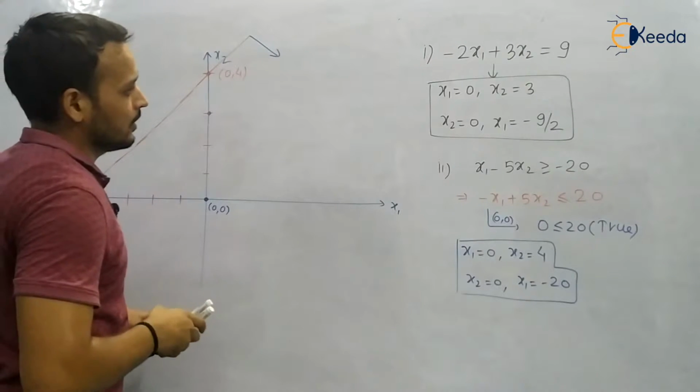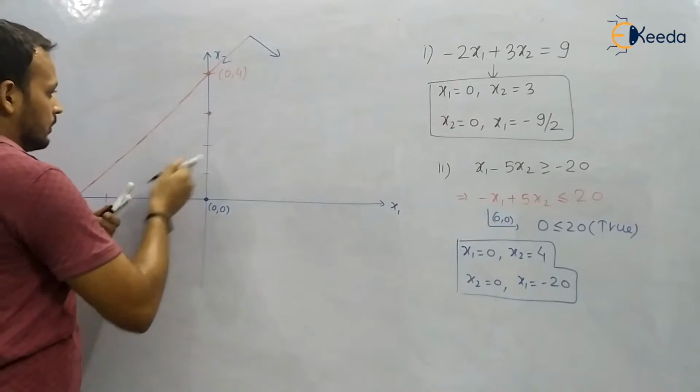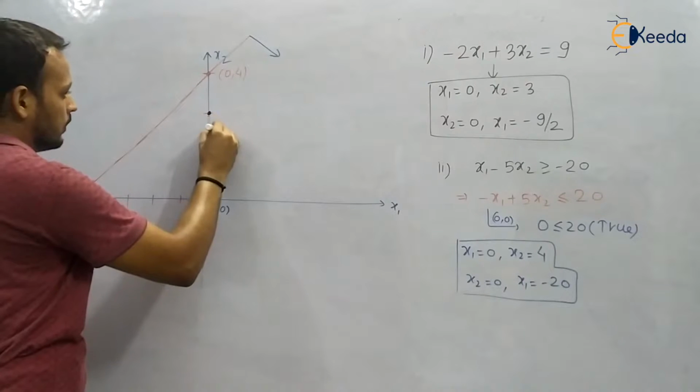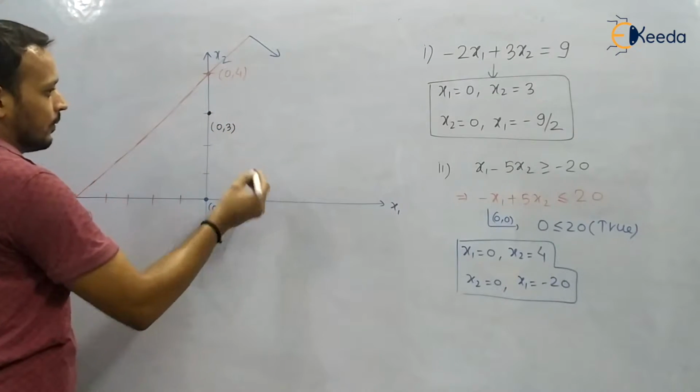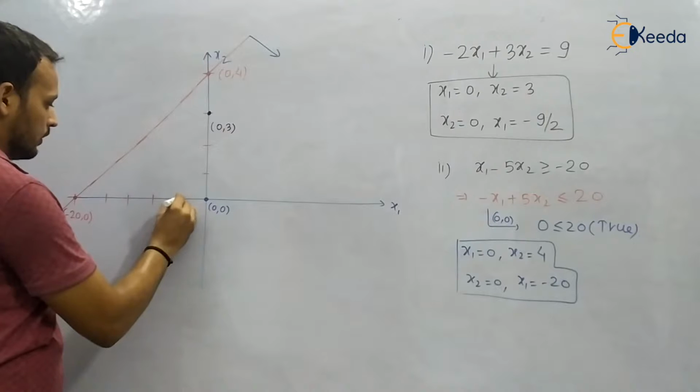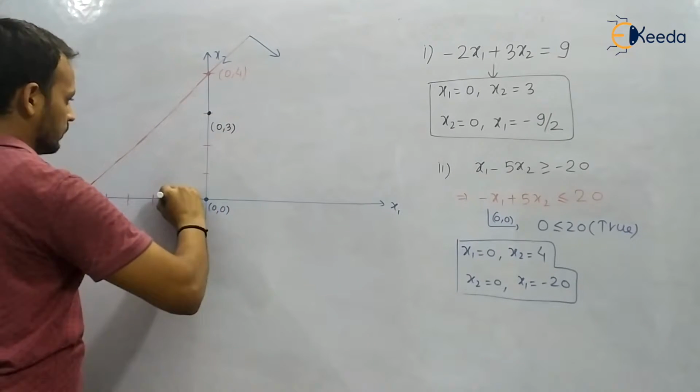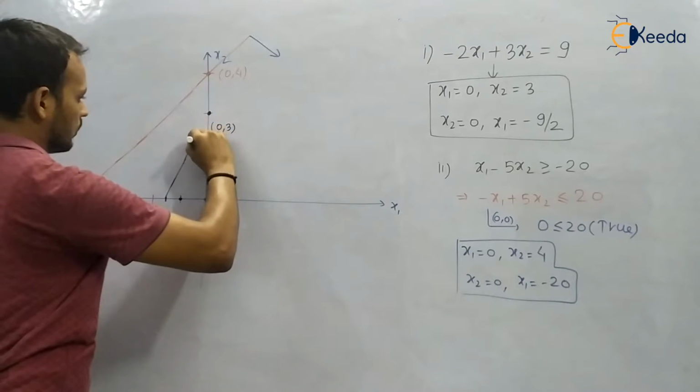And the first coordinate is (0, 3). The second point is (-9/2, 0), which is about -4.5, somewhere here. So just try to match them.